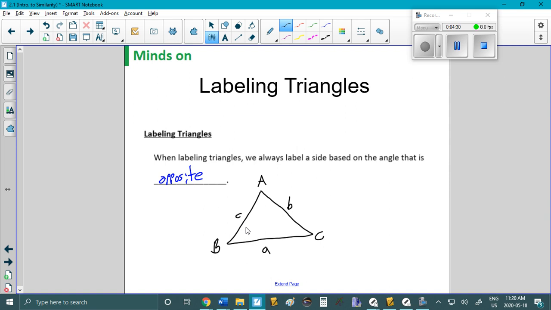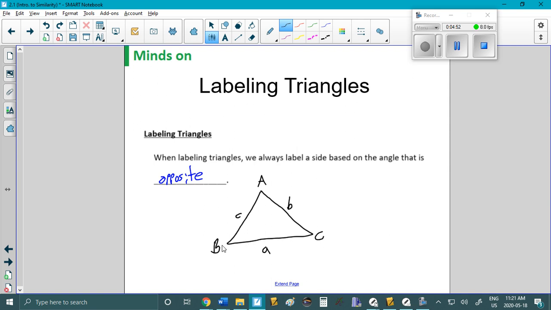Now, some people think, like, let's look at this side here. So the side from B to C, people might want to call it BC. And that would technically be correct. That's fine. But we like to use one letter because once algebra starts coming into it, when we're solving for things, if you have multiple letters, it gets really hard to do. Some people say, oh, let's call this side B because there's a B here.